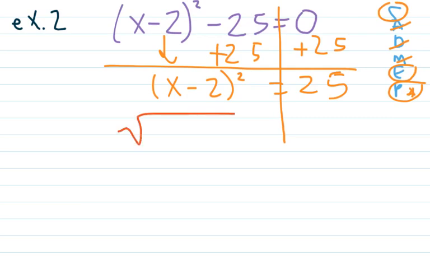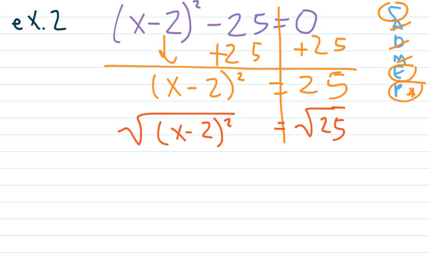I'm going to take the square root of (x minus 2) squared, and I'm going to take the square root of 25. Now, 25 happens to be a perfect square, which means there's one whole number that multiplies by itself and gets us 25, and that answer is 5. But think about what I mentioned in the previous example.